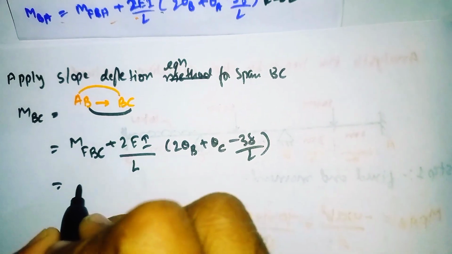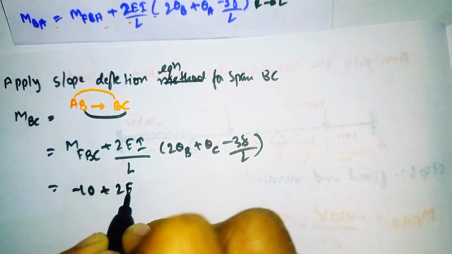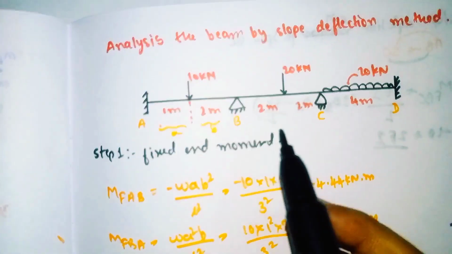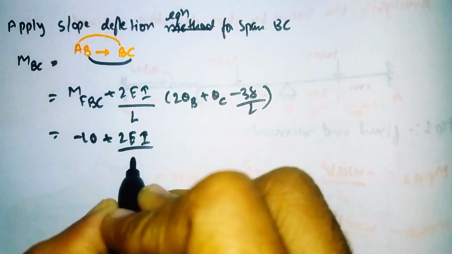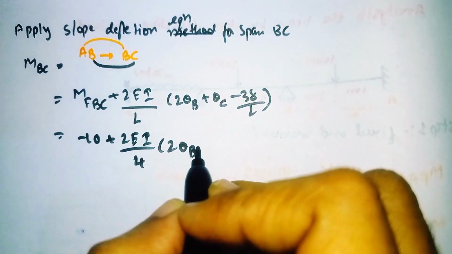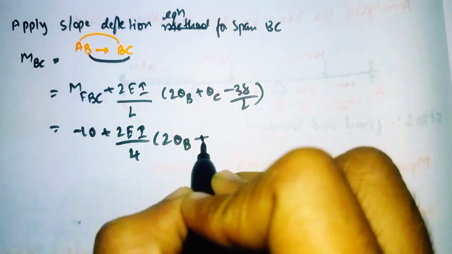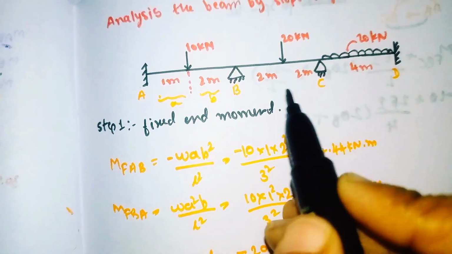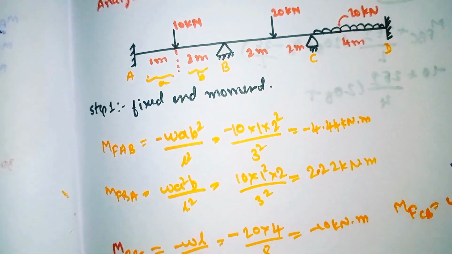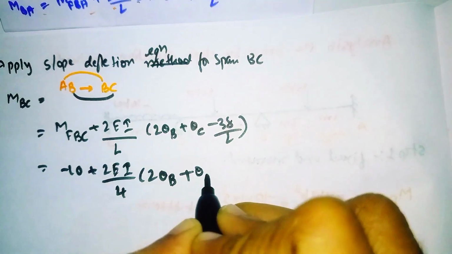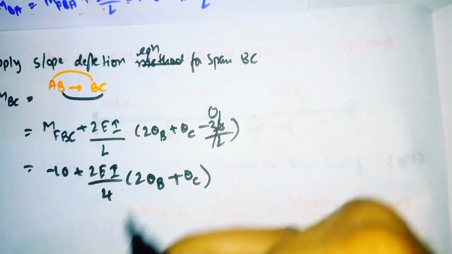So substitute that value: minus 10 plus 2EI divided by L, where the span is 4. 2 into theta B has some value because it has the hinged support, and theta C also has the hinged support. Theta B and theta C have the hinged support, it means the theta value will not equal 0 at a hinged support. Some value will come here. The delta term again becomes 0.